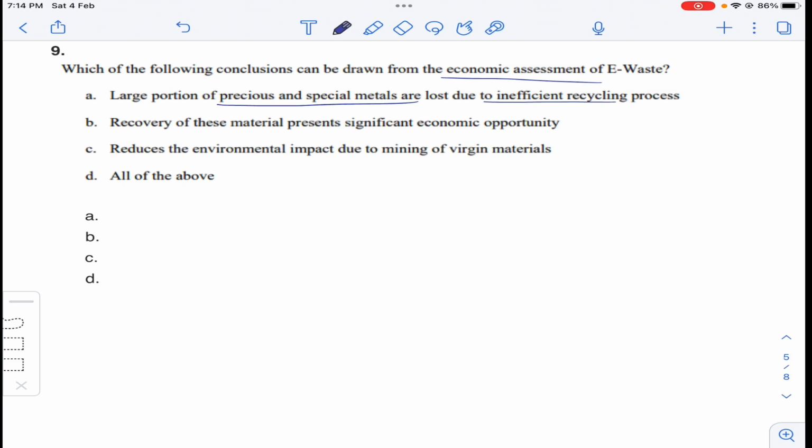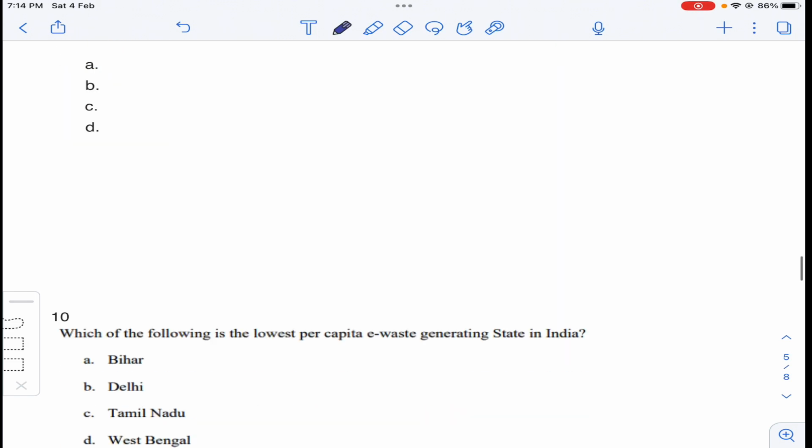So, if we are able to recover all the materials from used electronic goods, then the same materials will be useful in some other electronic goods. So, these are all the benefits, these are all the assessments that we have to do. Answer D for question number 9.